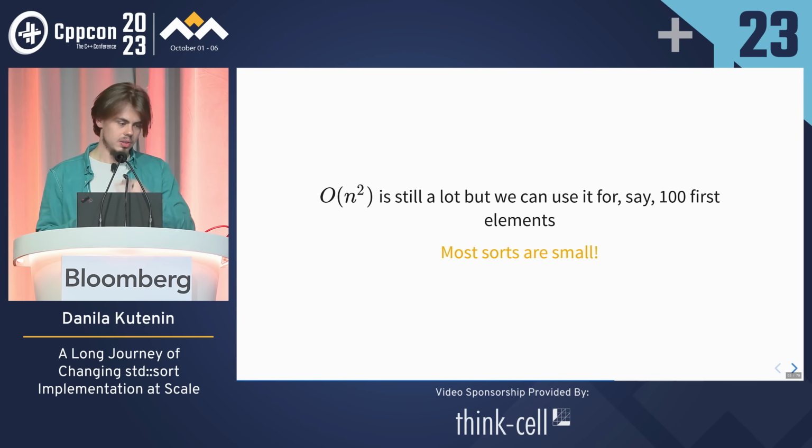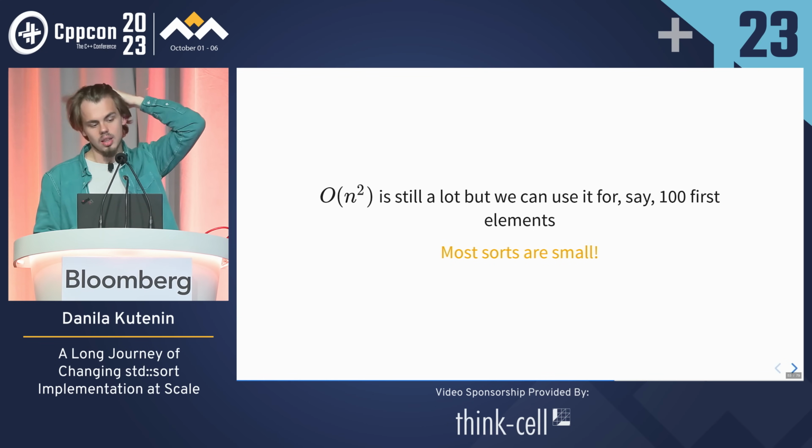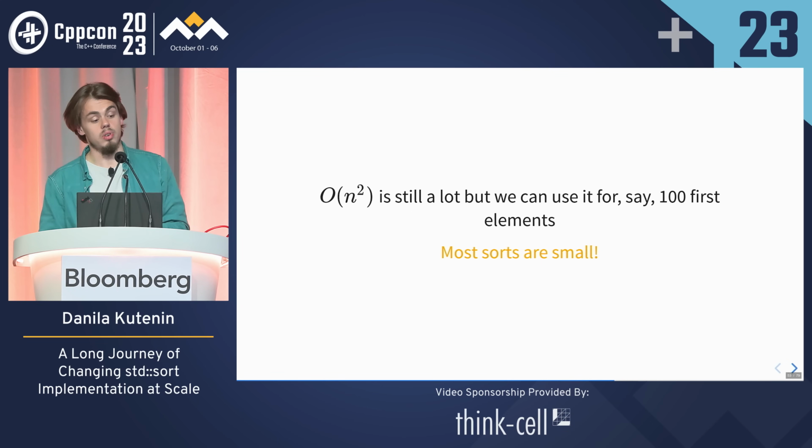And what we decided to do in the end is, okay, we have a sort. We have a quadratic algorithm that tells you, like an oracle, whether your comparator satisfies strict weak ordering, or maybe it does not. And we decided to try checking just the first 100 elements. Surprisingly, it worked insanely well, because most sorts are small.